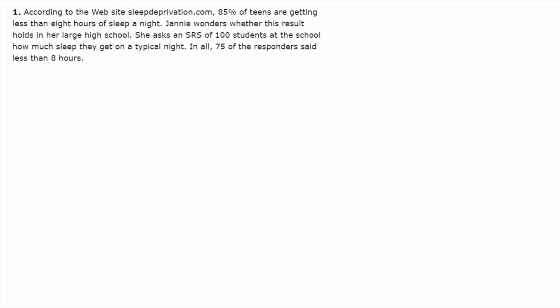So for this, the actual parameter in this case, our p, is going to be the proportion of students that receive less than 8 hours of sleep on a school night. Okay?